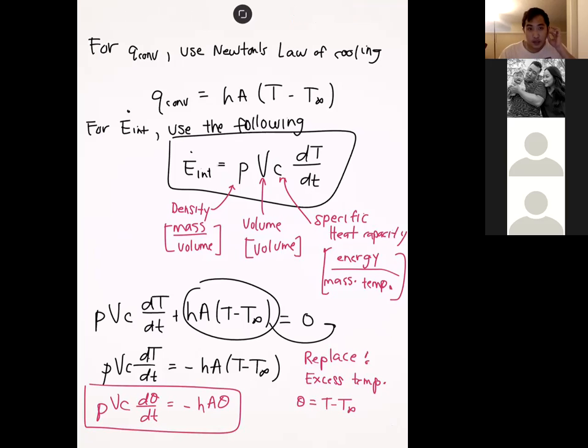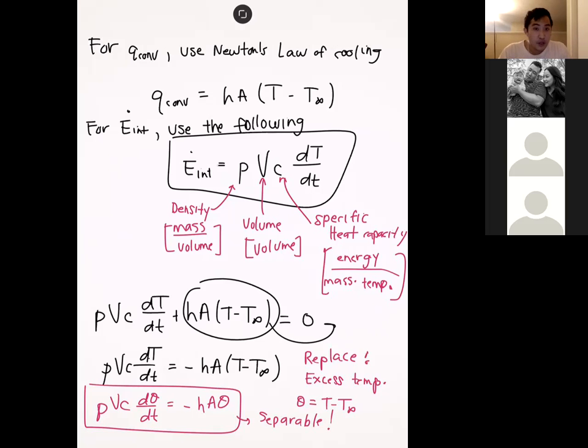This right here is really nice because what we have is a first order ODE, so we just have one derivative with respect to time. And a nice thing about this is that it's separable. So we'll be able to solve for a very simple solution here, just based on separation of variables.